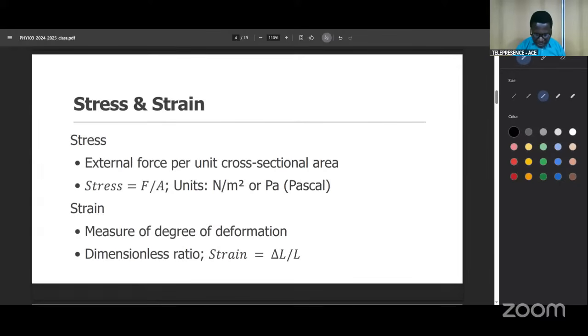Then we have strain, which helps us measure the degree of deformation, and which is the change in dimension divided by the original dimension.